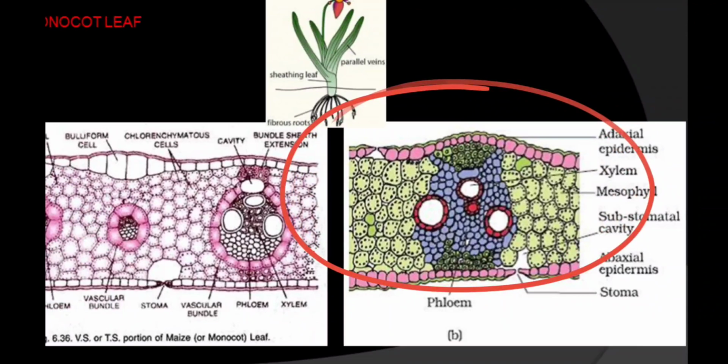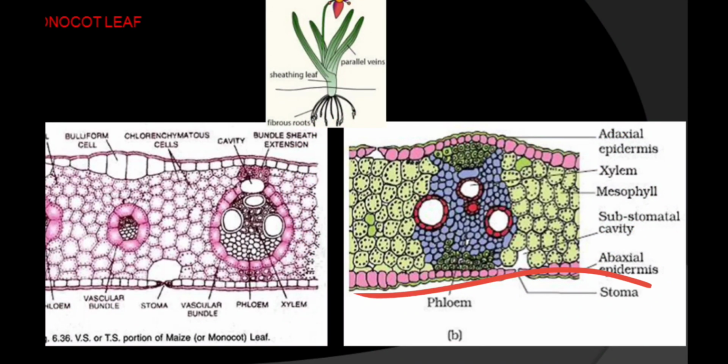Upper epidermis is there, lower epidermis is also there. The epidermis is surrounded by a cuticle layer on the upper side as well as on the lower side. Here the stomata are present on both surfaces. The upper epidermis is known as the adaxial epidermis, the lower epidermis is known as the abaxial epidermis. So this is about the epidermis.